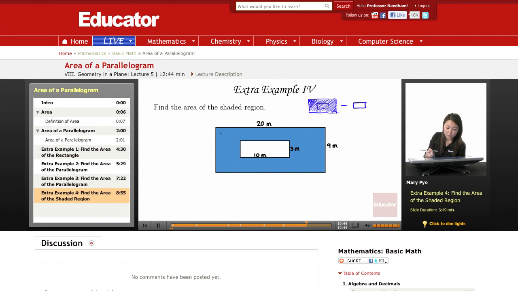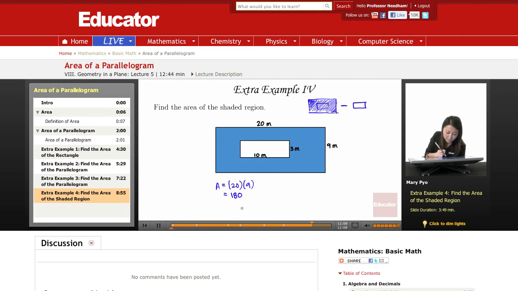So again, the whole thing, the area of the big one is going to be 20 times 9. The base times the height, 20 times 9. And that is 2 times 9 is 18, and then I can just add a 0 at the end of that. Okay, that's how you multiply numbers.